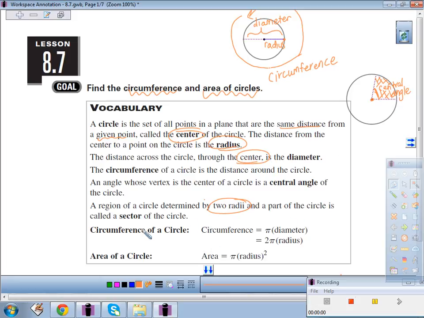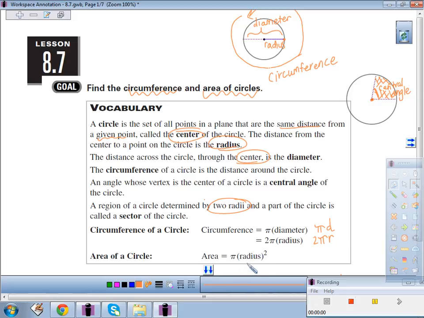Now, we want to know how to calculate the circumference of a circle and the area of a circle. So the circumference is always going to be pi times the diameter, or since we know the radius is half of the diameter, we can do 2 times pi times r. So you can see it written as pi d, or as 2 times pi times the radius.